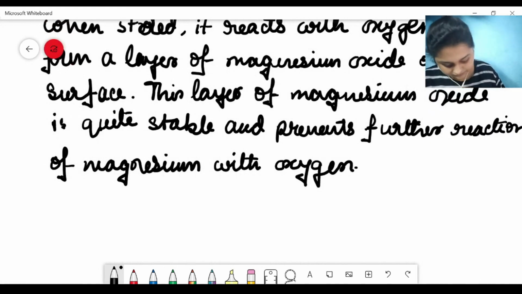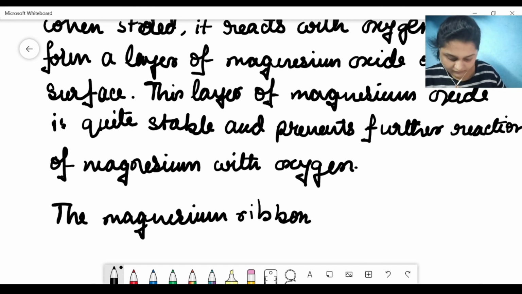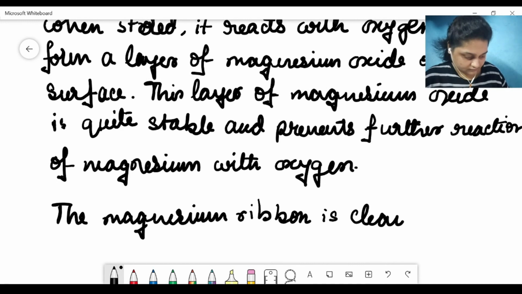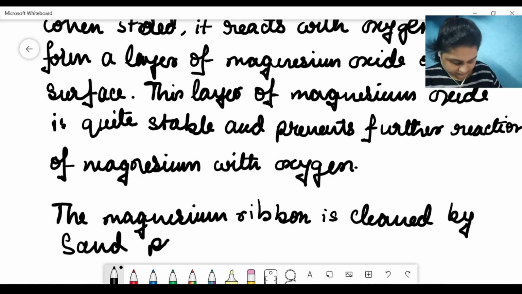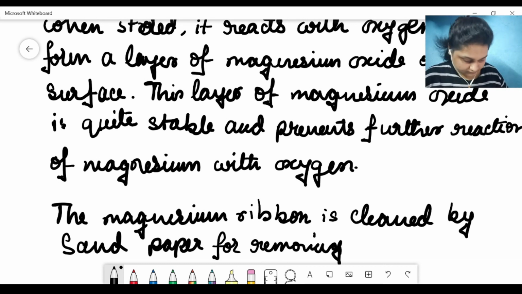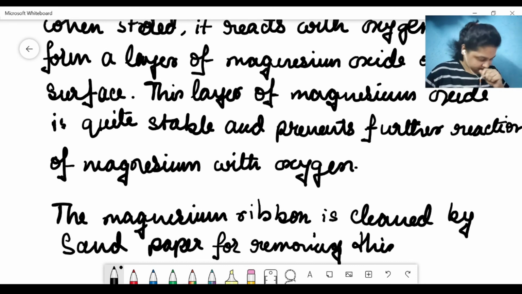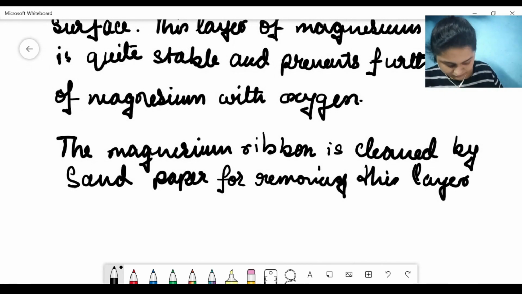Magnesium ribbon is cleaned with sandpaper for removing this layer, so the reaction can happen.